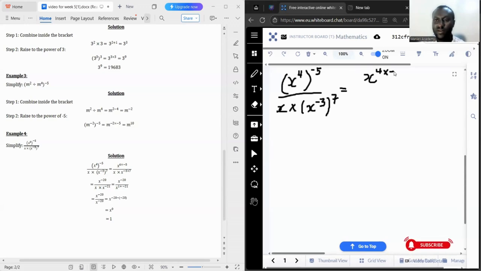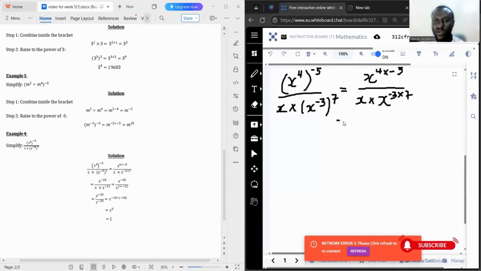multiplies negative 5, divided by x times x raised to power negative 3 times 7.